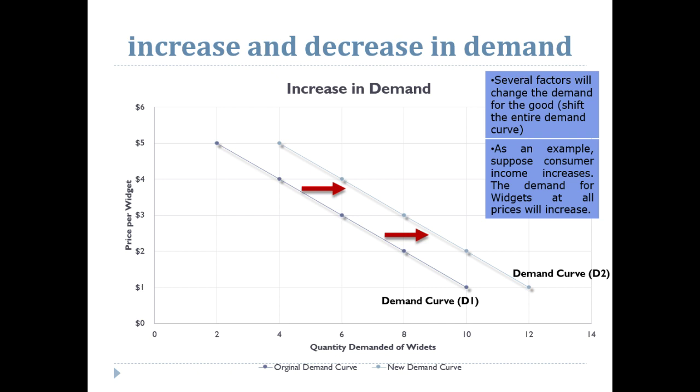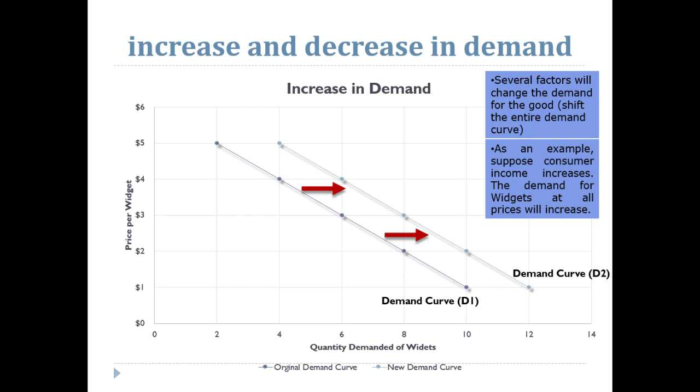Decrease in demand. Decrease in demand means at the same price the quantity demanded is reducing. So decrease in demand will show a backward shift on the demand curve. Okay, that is decrease in demand.